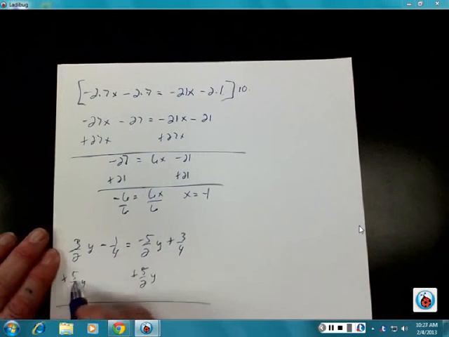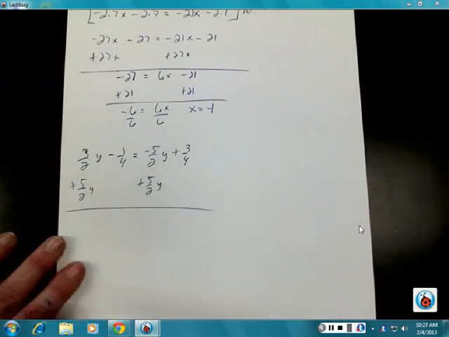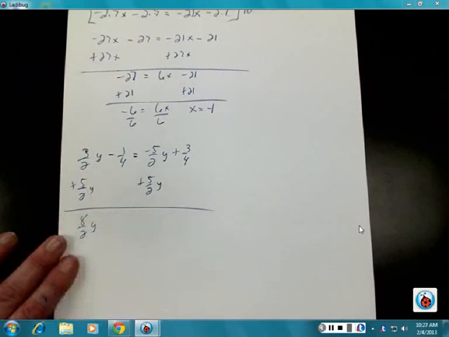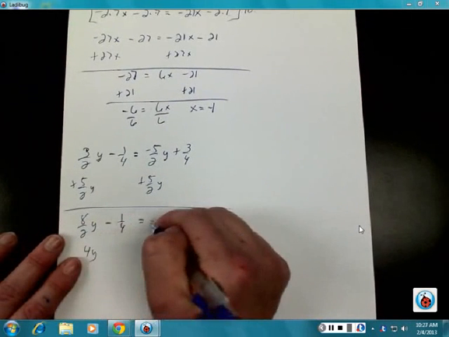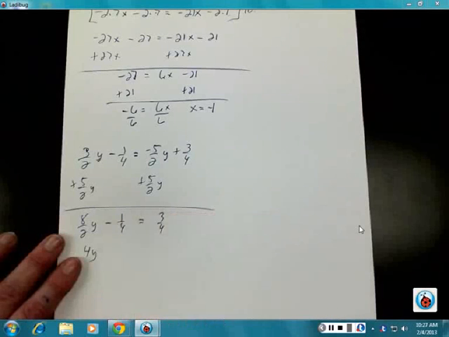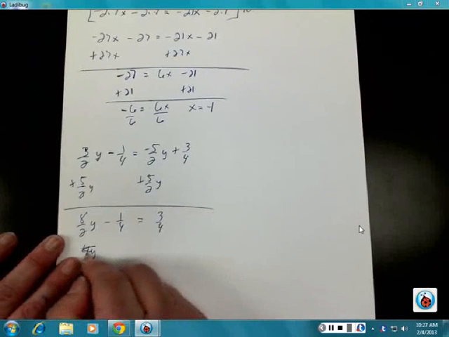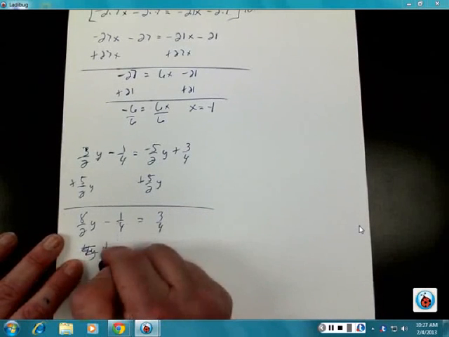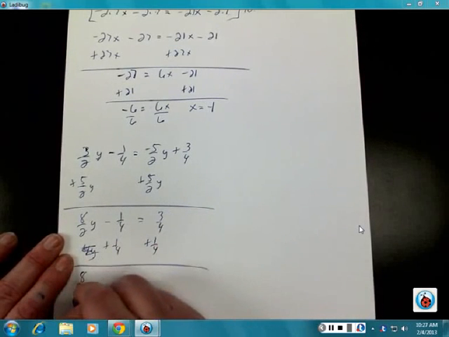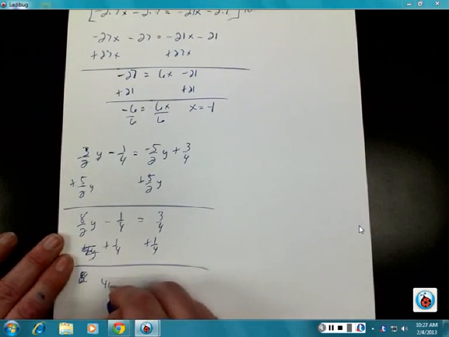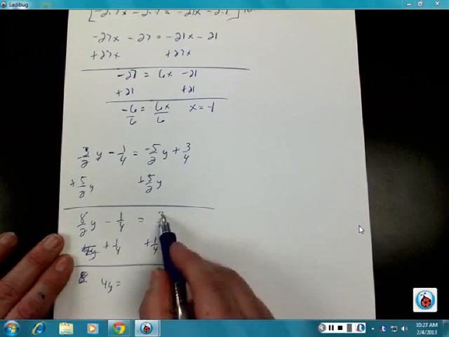3 halves plus 5 halves is 8 halves, or 4y. Everybody okay with that? Because I want it down further, add my 1/4. So that leaves me with 4y is equal to 3/4 plus 1/4.